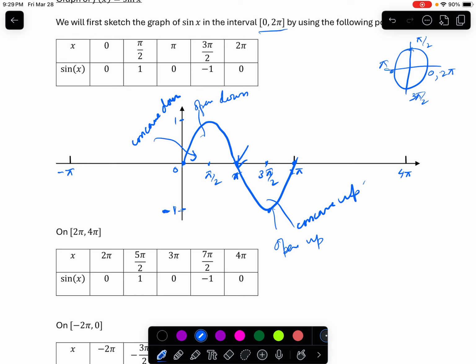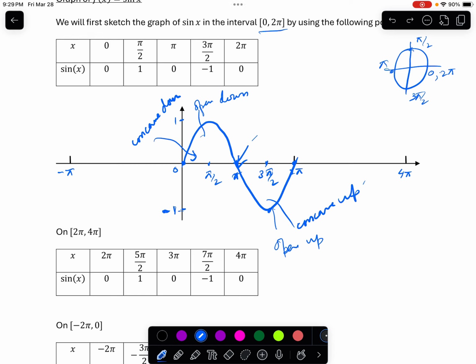This is the point where the concavity changes. It was concave down before this point, so this is called the inflection point. You do not really need to know these at this moment, but previously in chapter 1 or 2, we were using this information. I will remove this information so that our graph is nice and clear.